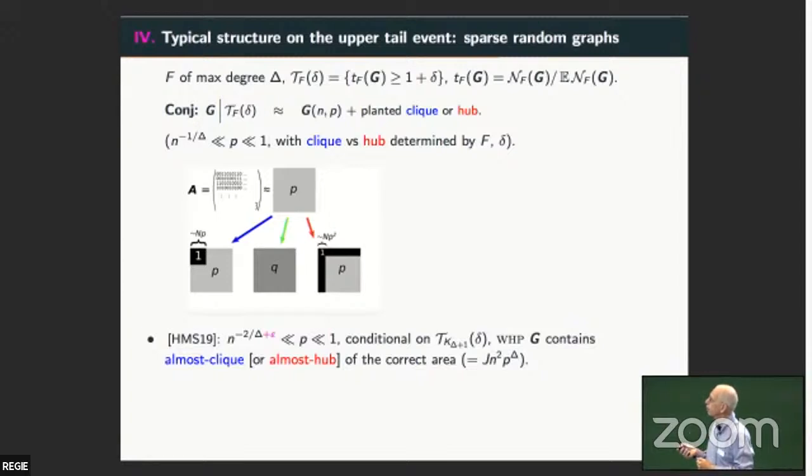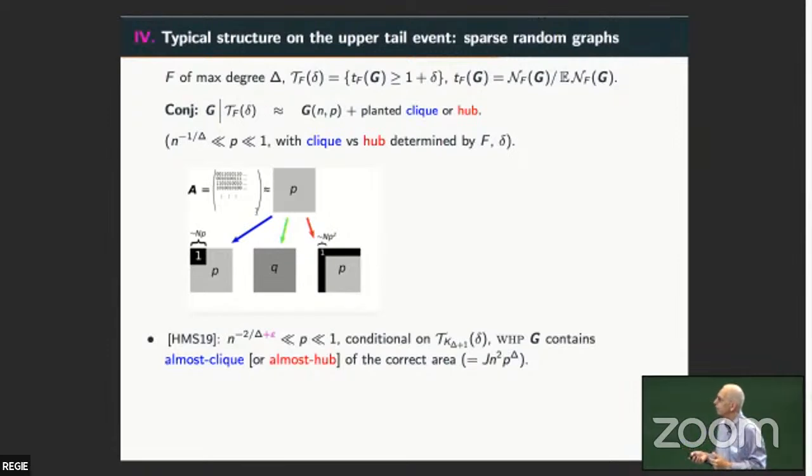They were able to show that in a domain of p's where they can work, with high probability, conditioned on this event for the complete graph, the graph contained almost a clique or almost a hub of the correct size, of this size that I mentioned. So in principle, they proved the existence of the black pattern.